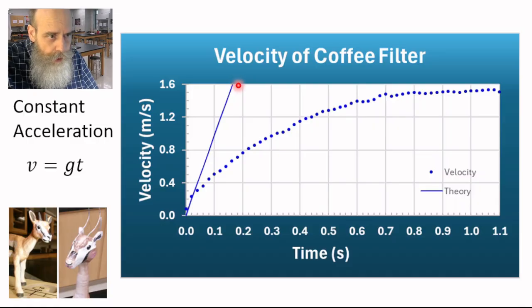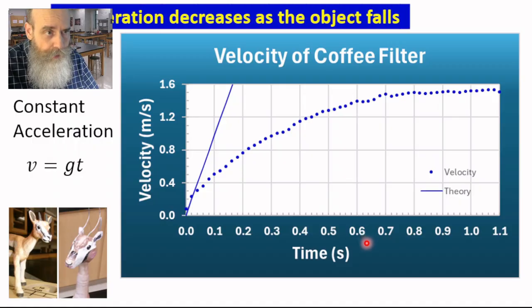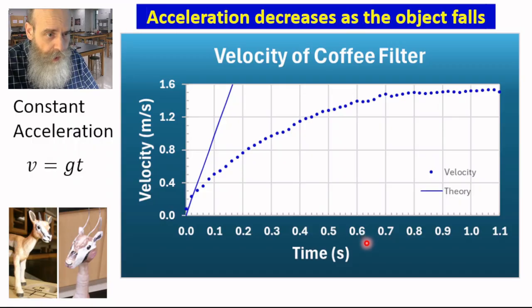It has a constant slope. What we notice here is that for velocity versus time, the measured value, the slope is not constant. The slope is decreasing as time increases. Since the slope of the tangent is the acceleration, we conclude that the acceleration is decreasing as the object falls.